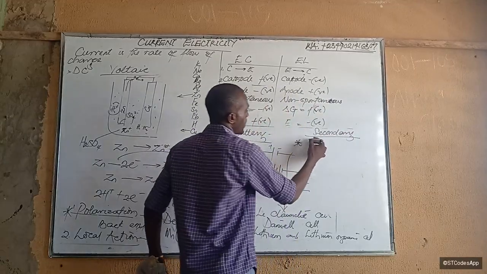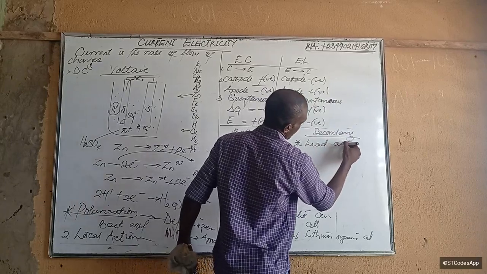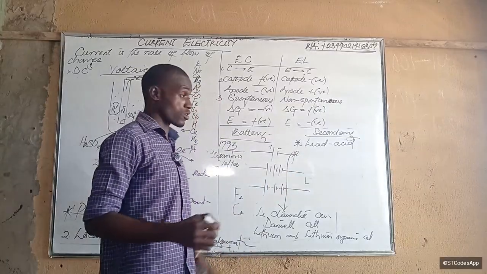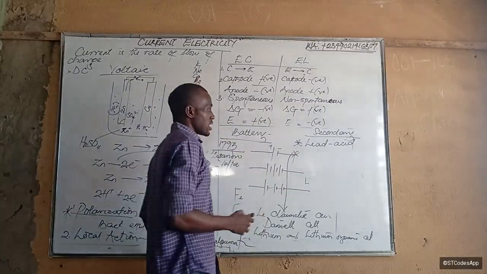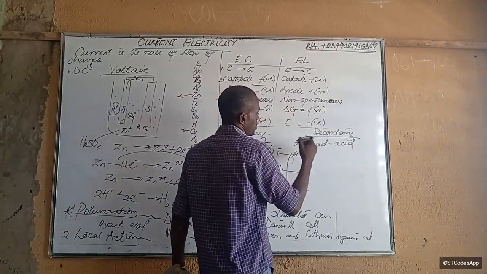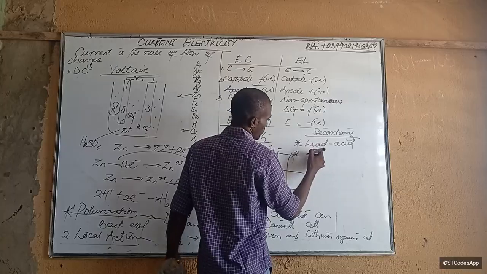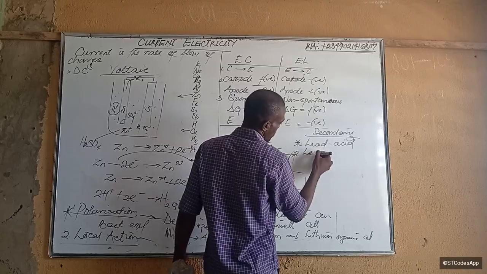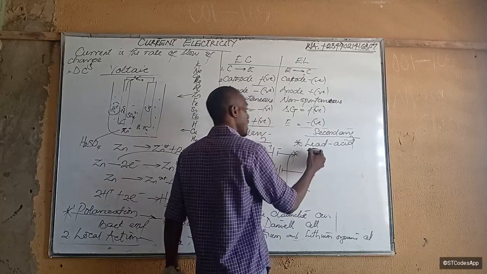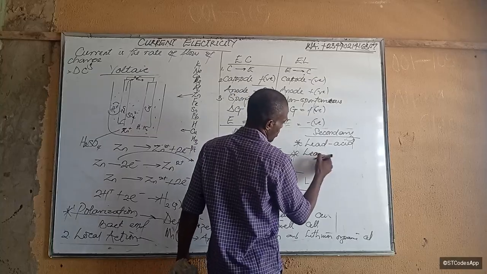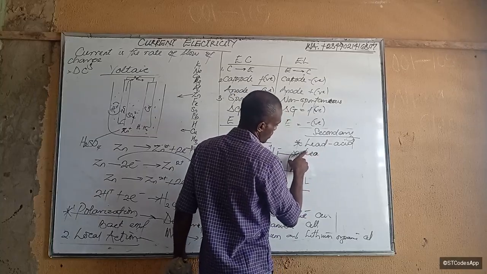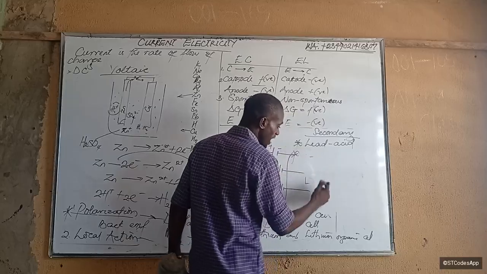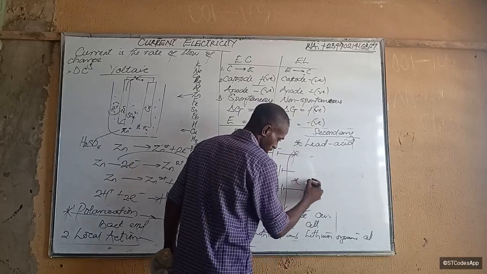We have the lead acid accumulator, the most commonly used secondary cell. We also have silver cadmium, and silver cadmium is the most efficient.